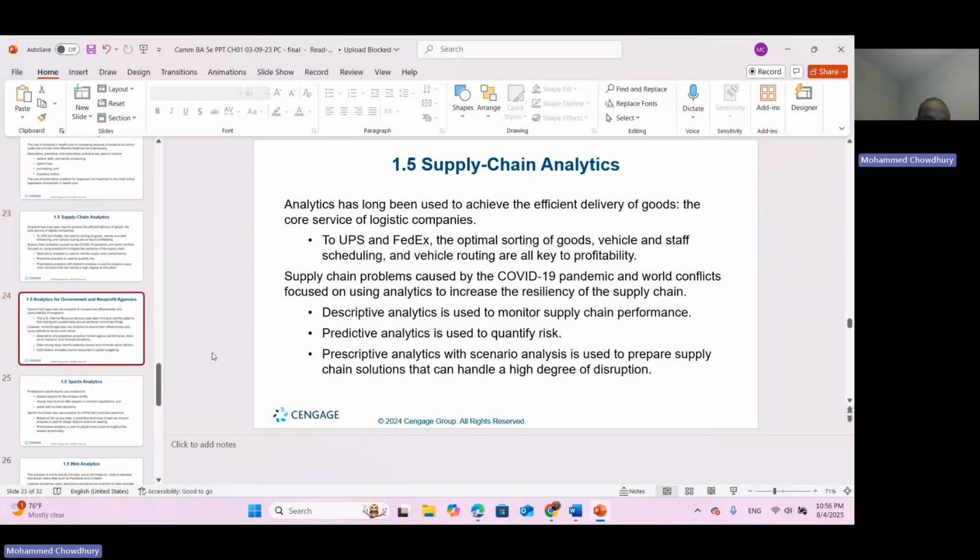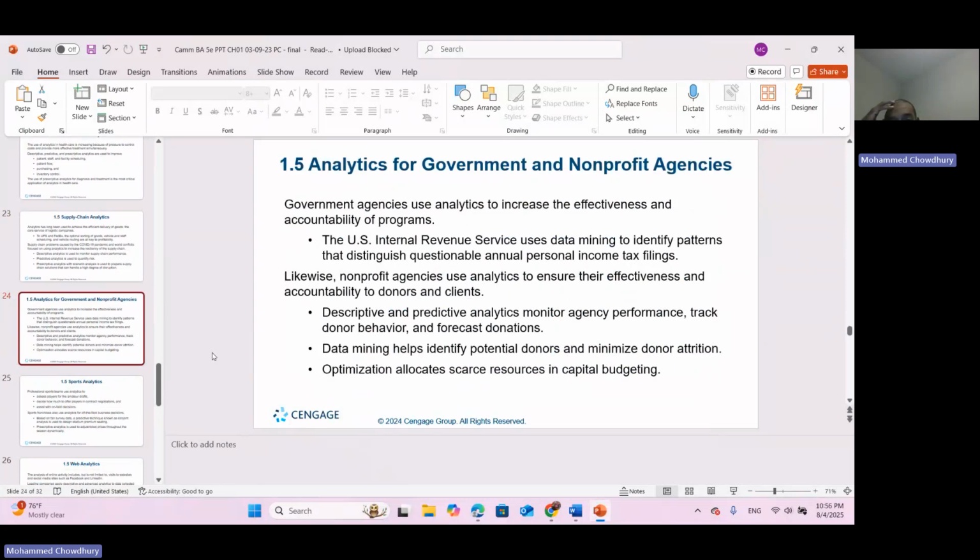Now, analytics for government or non-profit. Government agencies use analytics to increase the effectiveness and accountability of programs. The U.S. Internal Revenue Service uses data mining to identify patterns that distinguish questionable annual personal income tax filings.